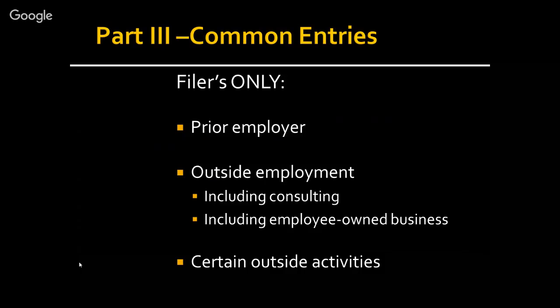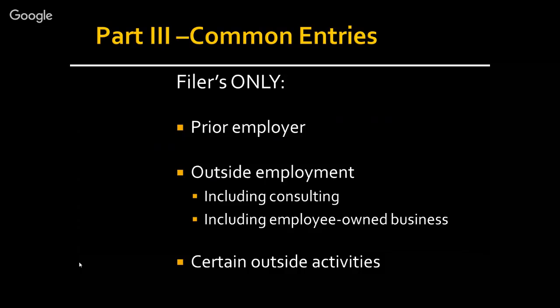And other certain outside activities where maybe the employee is not an employee of an outside organization or does not necessarily derive any income from an outside activity, but they serve, for instance, as an officer or on the board of directors or as a trustee, we would expect to see those types of outside activities included on this part of the form as well.